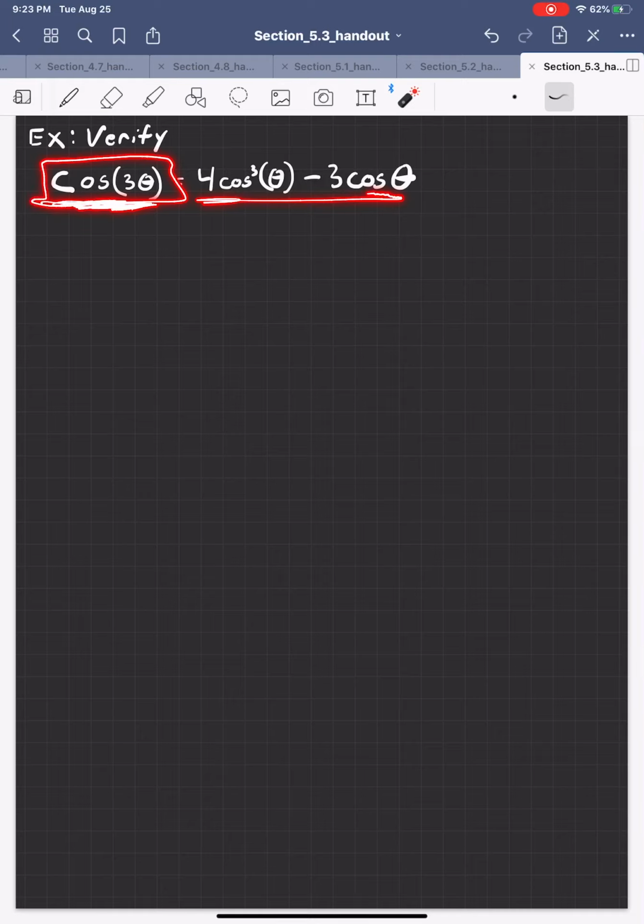So see if you can follow me here. So I have cosine triple theta, and I'm going to pick the left side, and I want to make it look like the right side. So let's see how we could do that.